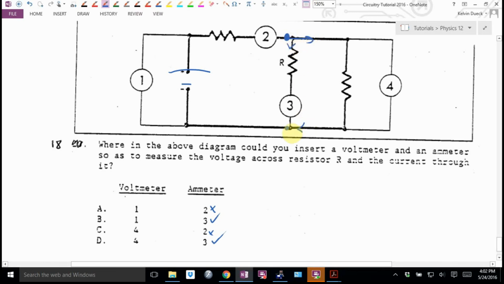Do we meet up? Yeah. So this and this have to be the same height, the same voltage. Is this one resistor down this hill? Is this one resistor down this hill? Both of these will have the same voltage. So you would measure the voltage across mystery resistor R by measuring the voltage across this resistor. They must be identical.